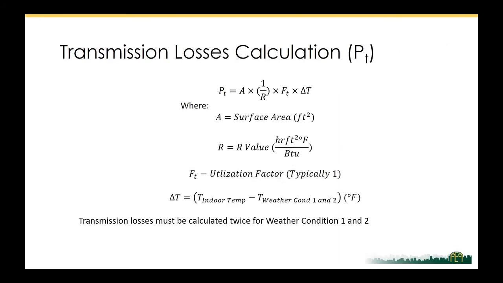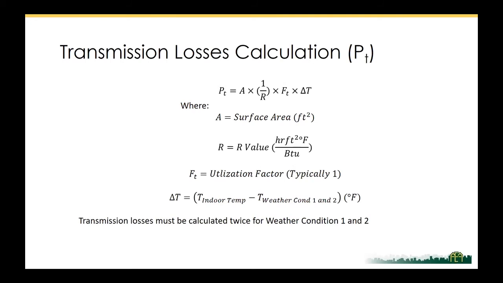So transmission losses equals surface area times the inverse of the R value, which is equivalent to your U value, times the utilization factor. Utilization factor is typically 1, but it's basically when you're going to utilize.